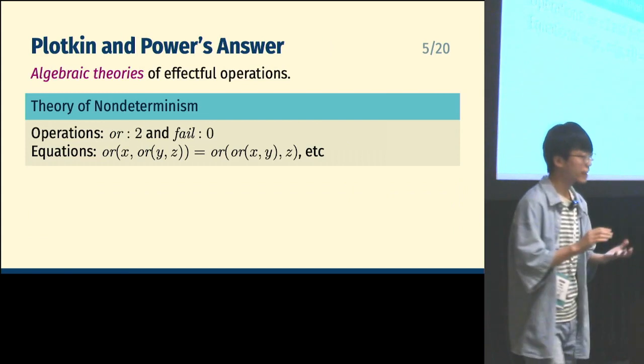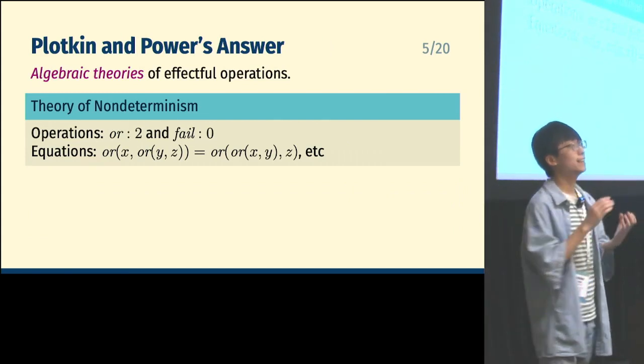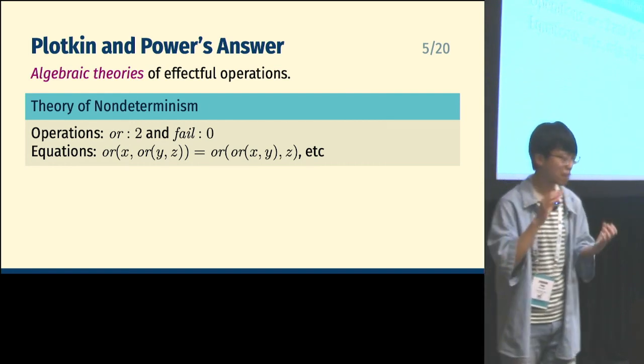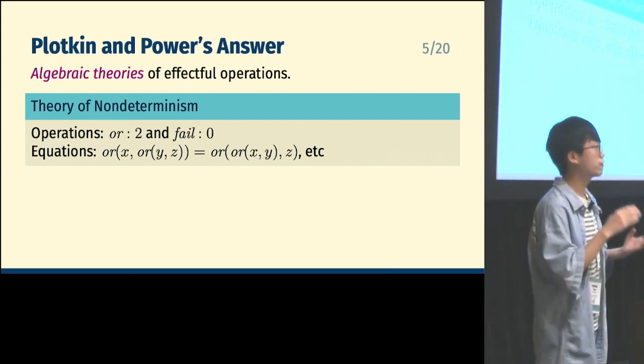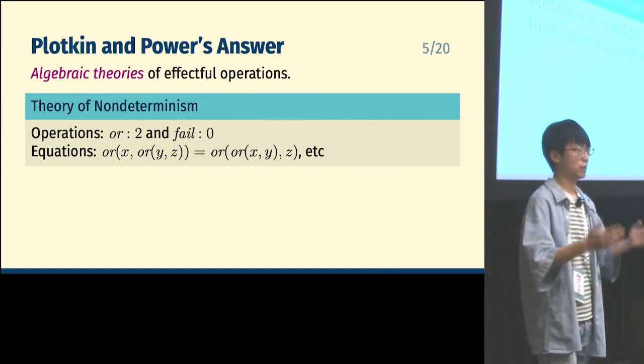One answer given by Gordon Plotkin and John Power is that we should understand these monads by thinking about the algebraic theories of the effectful operations. An algebraic theory is just a bunch of operations with a bunch of equations.